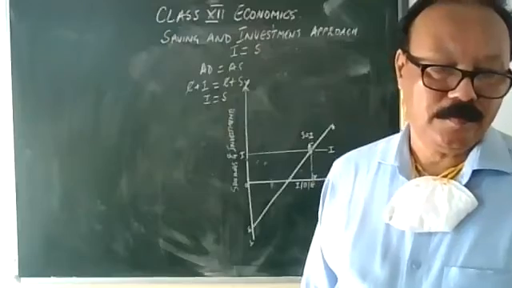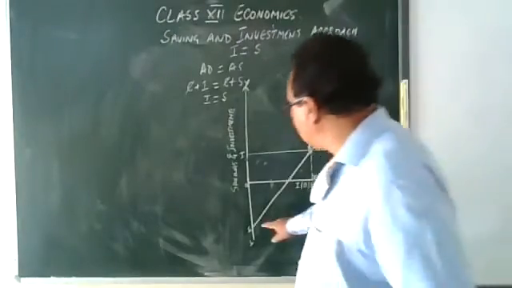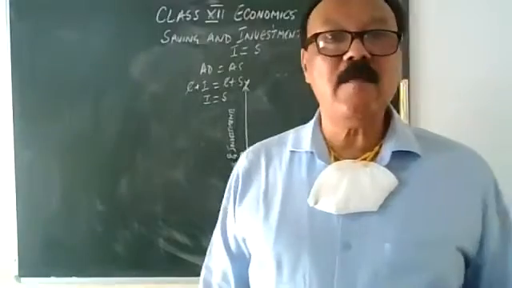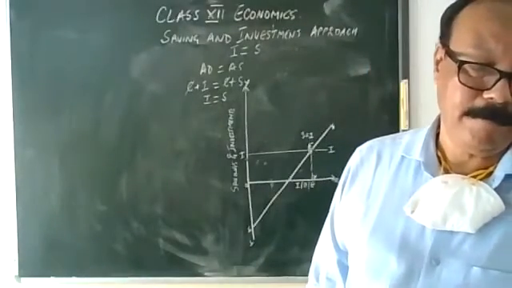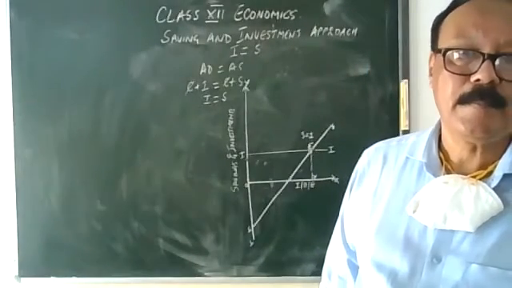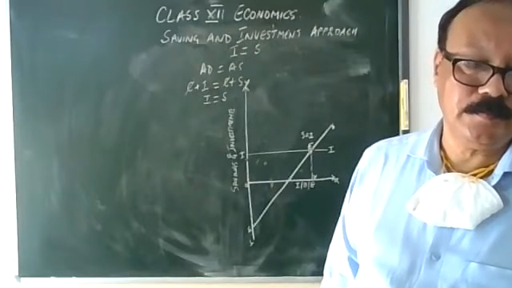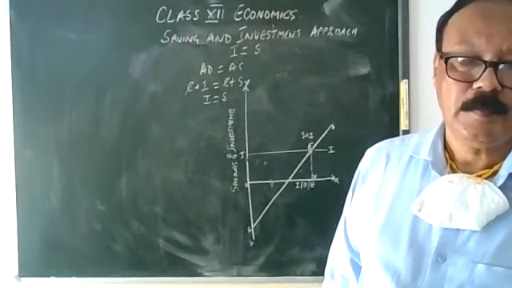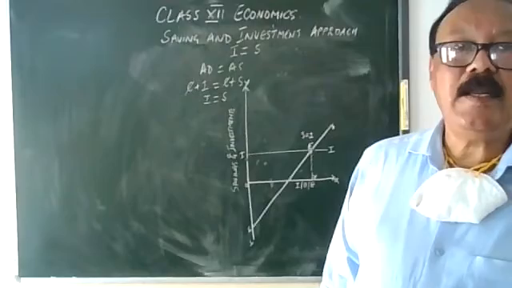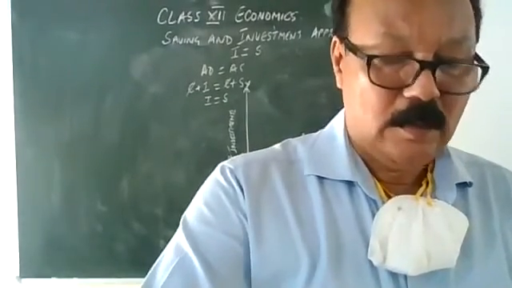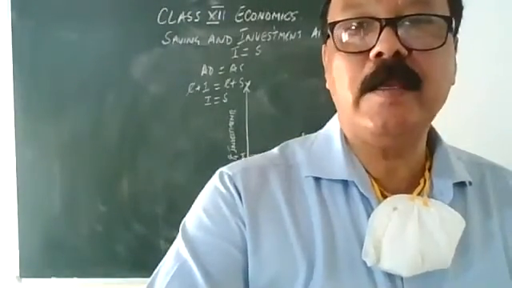Second point, S is the saving curve which shows planned savings at different levels of income.